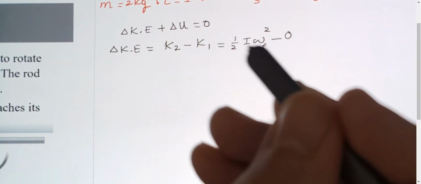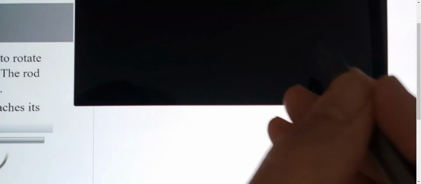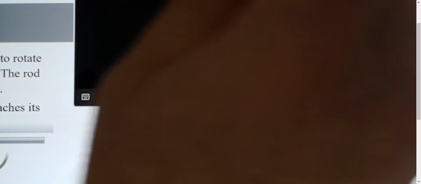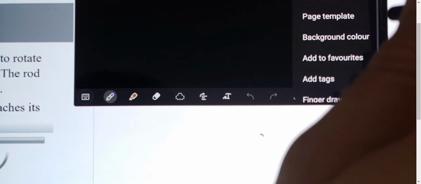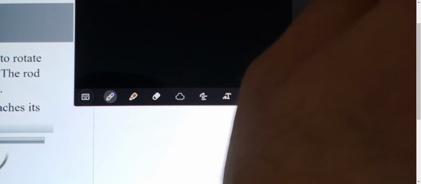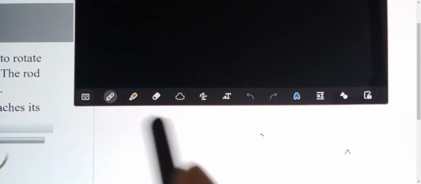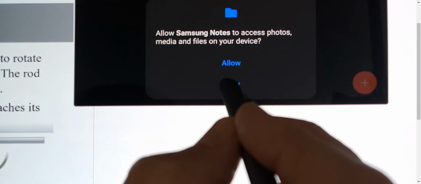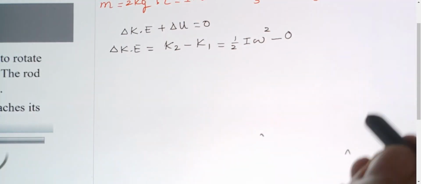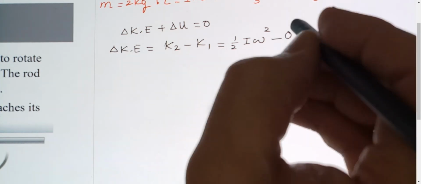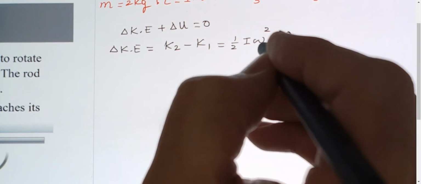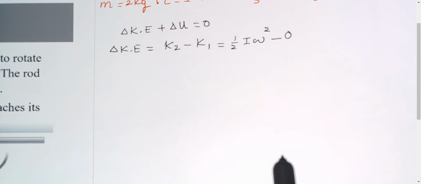So in order to remove confusion, I will just use this, because now I know that initial omega is equal to 0.